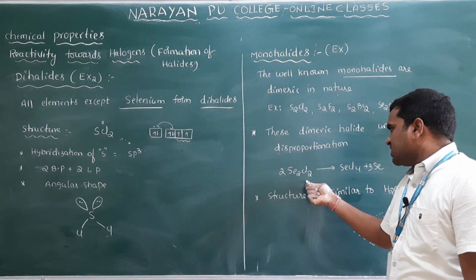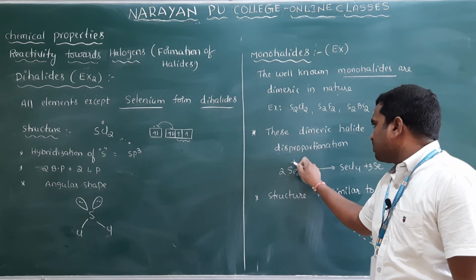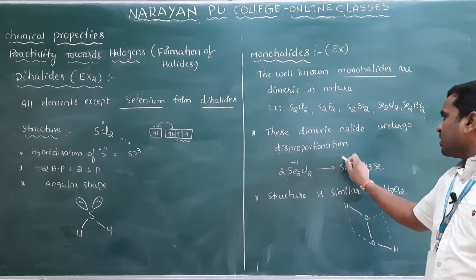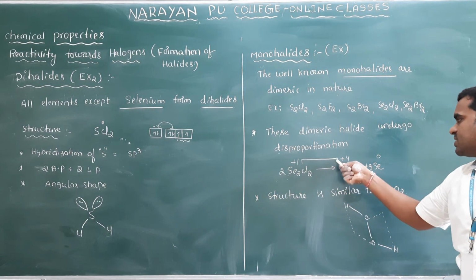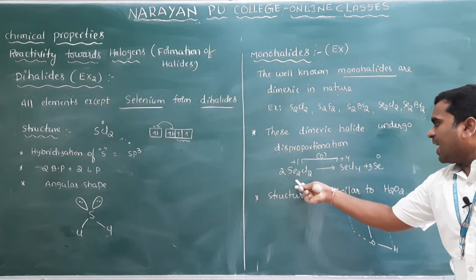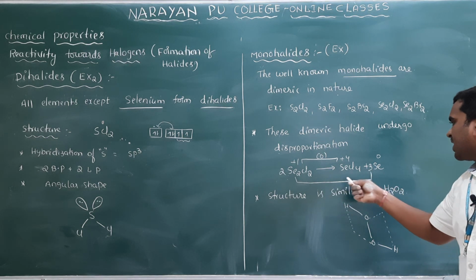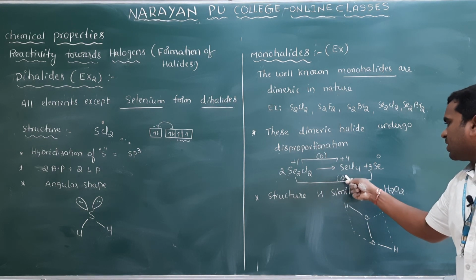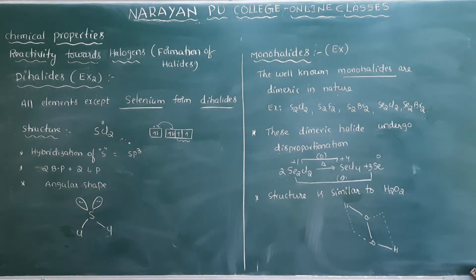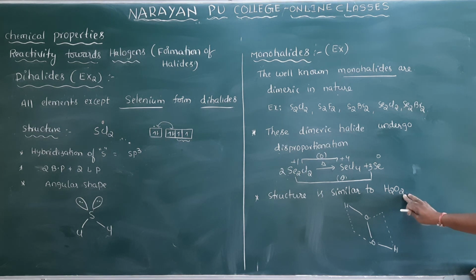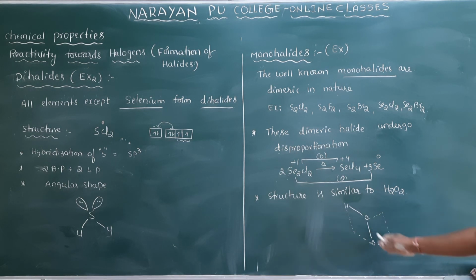See here Se2Cl2, what is the oxidation state here? +1, and in the products, what are the oxidation states? +4 and 0. +1 to +4 is an oxidation, and +1 to 0 is a reduction. So when they decompose, they undergo a disproportionation reaction. And the structure is similar to hydrogen peroxide. What is the hydrogen peroxide structure? Open book structure.